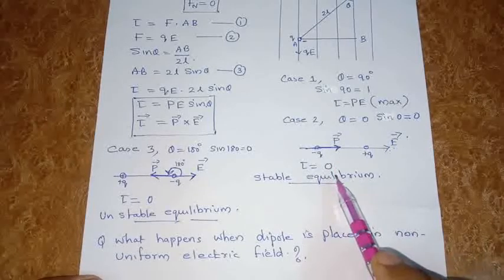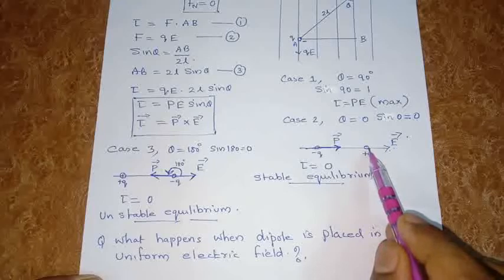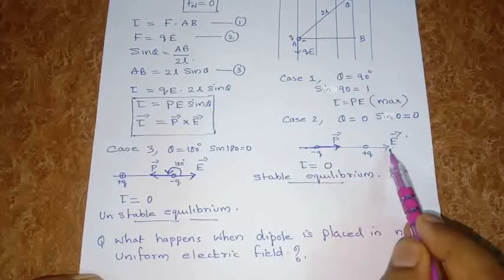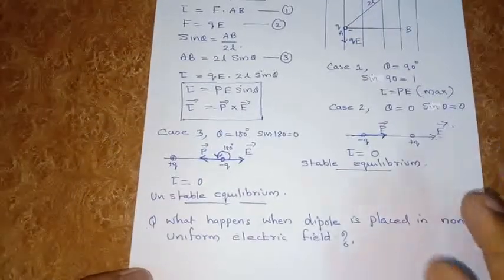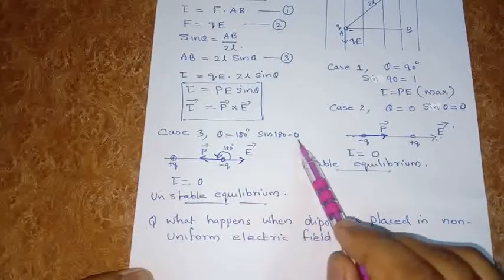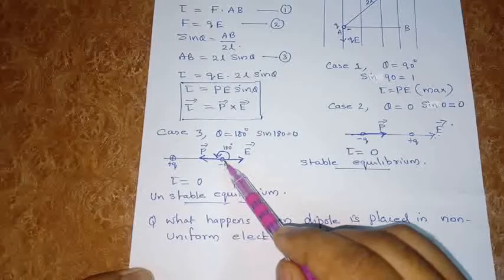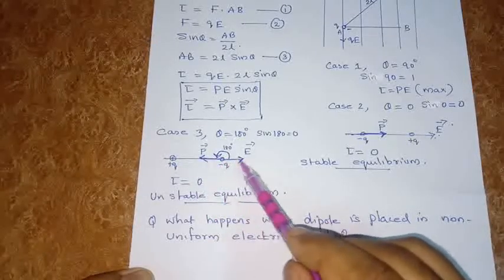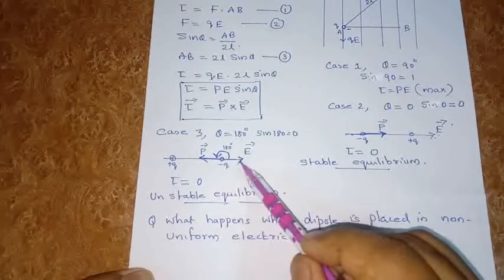Stable equilibrium is when the positive charge is here and the negative charge is here, so that the dipole moment vector is in the direction of the electric field. Now let us discuss case number 3. Theta is equal to 180 degrees, sine of 180 is again 0. Here the negative charge is placed here and the positive charge is placed here, so the dipole moment vector and electric field are opposite to each other.